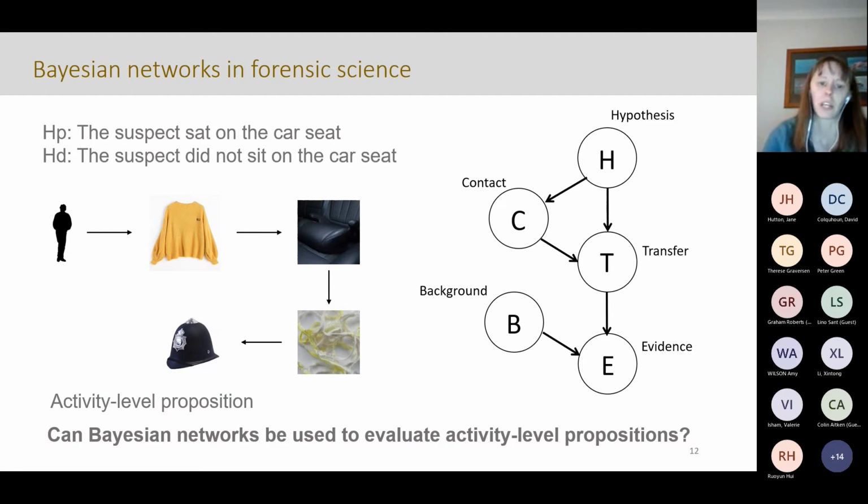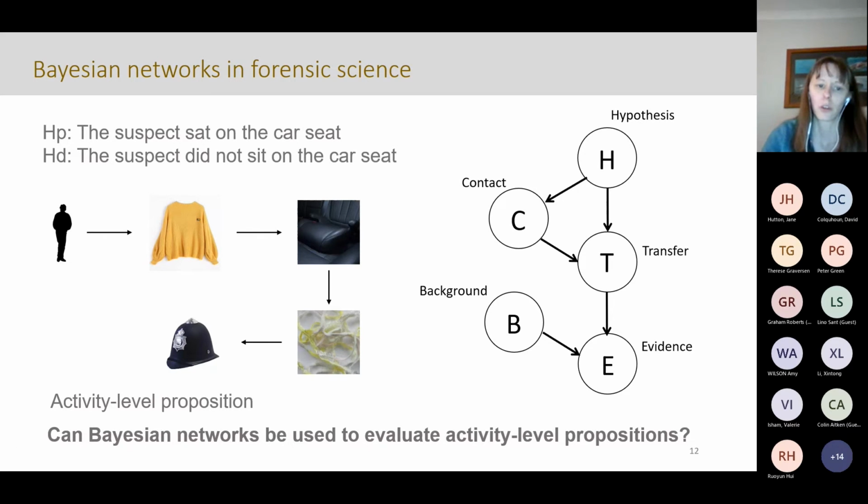And that's all very helpful, but when you try and build a Bayesian network, it suddenly becomes much more complicated than the simple source level proposition Bayesian network, in that you've got information about contact, probability of contact between the jumper and the seat, then probability of transfer of the fibre from the jumper to the car seat, and then you've got information about background fibres that might be similar to the one that was found that could have been in the vicinity of the car at the time.